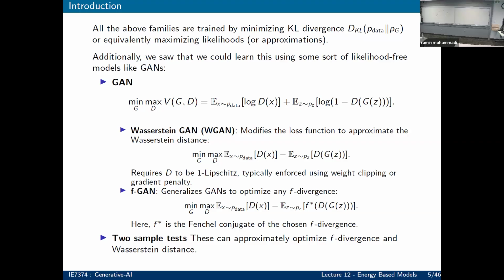So instead of having this term or that term, we have this conjugate function that we use. That becomes the main difference between FGAN and Wasserstein.